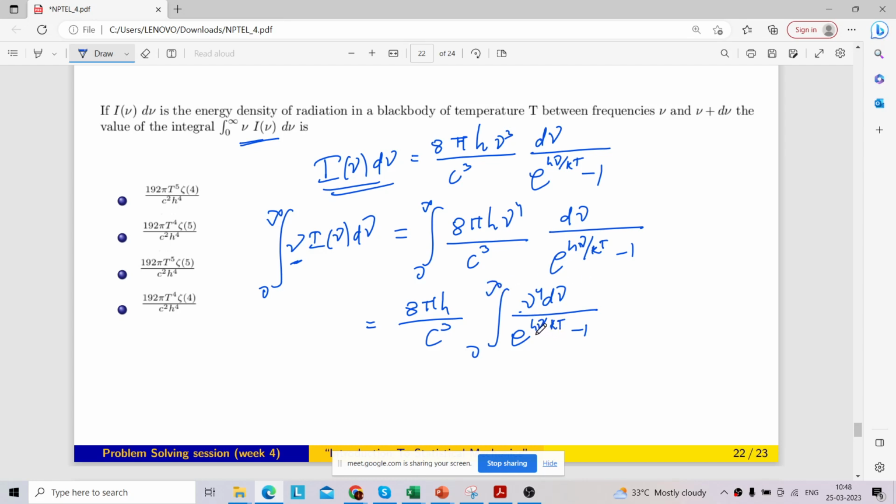It will be easy if I take h nu divided by kT as some other parameter. So let's take h nu over kT as x. Then we can differentiate on both sides. So d nu times h over kT will be dx, so d nu will be kT over h dx.